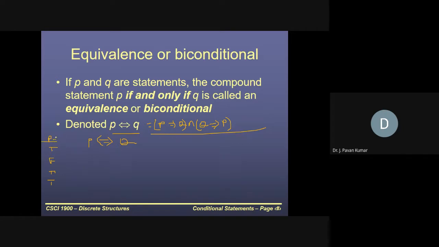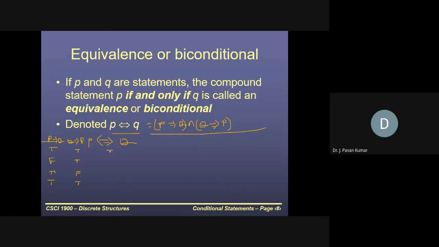Next, what is the truth table for Q implies P? Earlier we have seen Q implies P. True, true, false, true. Now you apply P biimplies Q. That is the AND operation, conjunction will apply. So true, true means what is the resultant? AND operation: true.